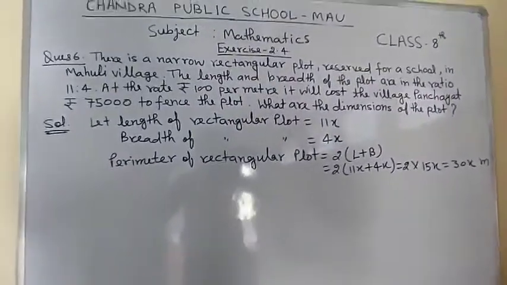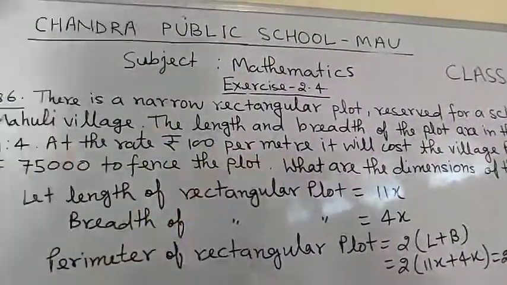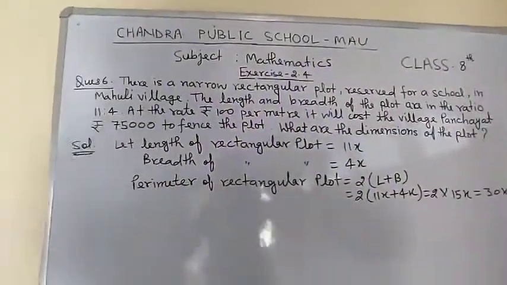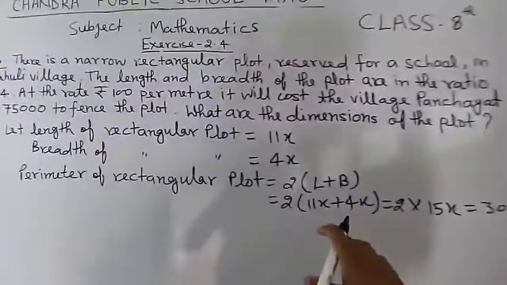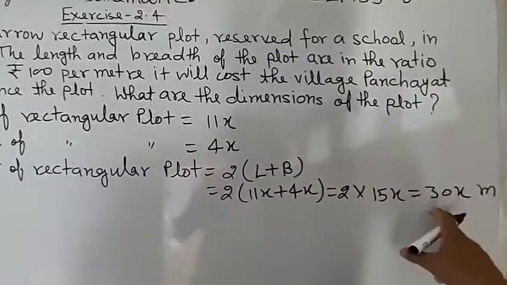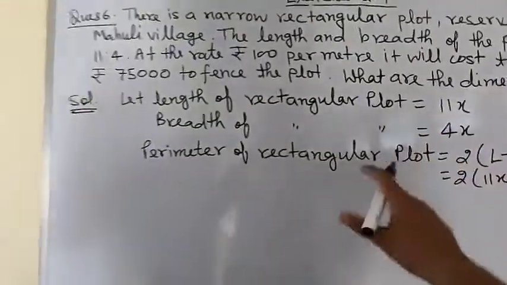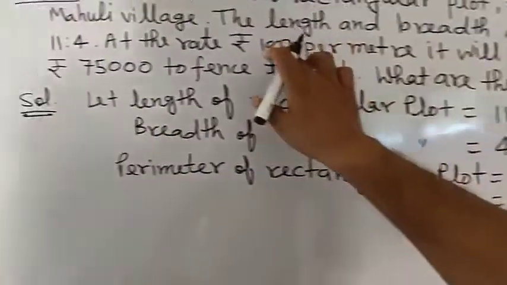Now it is given that the rate of fencing is rupees 100 per meter. It means 1 meter cost is rupees 100, and the total perimeter is 30x. It means the length of the fence will be 30x. Then what will be the cost of that fencing? That will be 30x into 100.